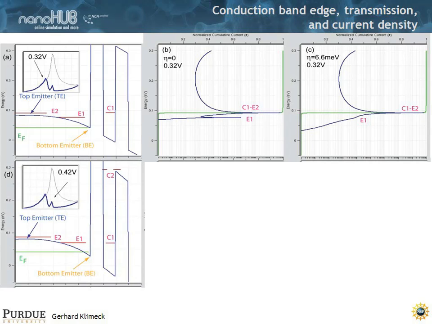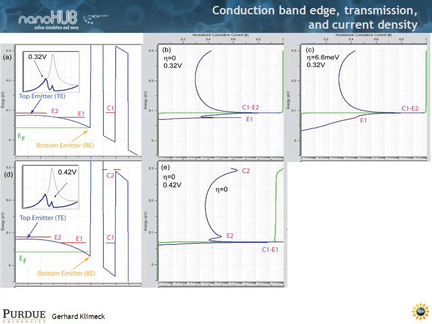Okay? If you crank up the voltage further to 0.42 volts, now you're aligning C1 with E1, and the current density in the eta equals 0 case looks like this. We've seen it. There was a little bit of relative current flow of 10% or so here in C2.